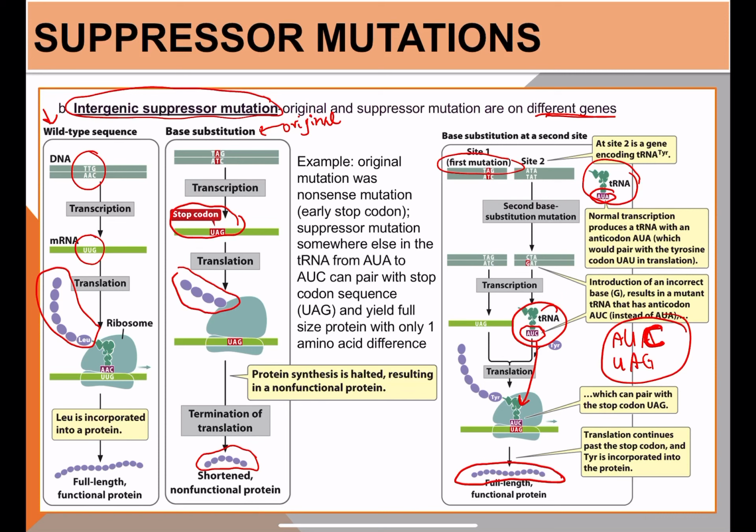But you do have that one difference in amino acid. Rather than a leucine, you have incorporated a tyrosine. But this mutated protein is definitely a lot better situation than this mutated protein. This protein is definitely not going to be functional for whatever it serves. Okay, so this is gone. But this one, at least you have the full length, and hopefully that one amino acid won't affect the overall protein structure so much that you make it non-functional. Okay?